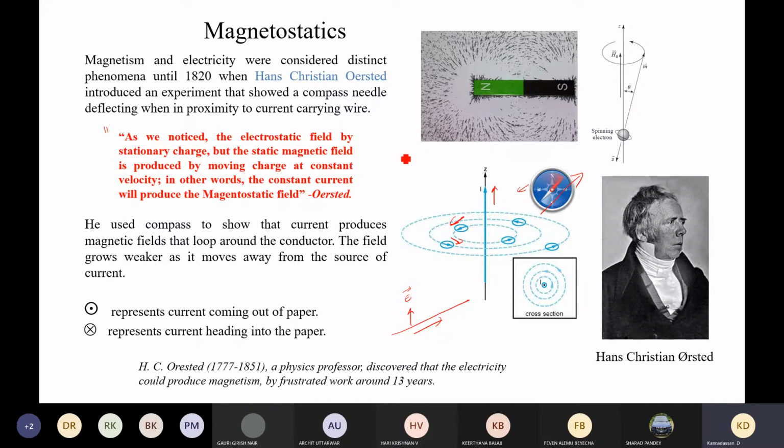He gave the key point, and this clearly states how the magnetic field is relevant to the current passing through it. This was the very first work done.